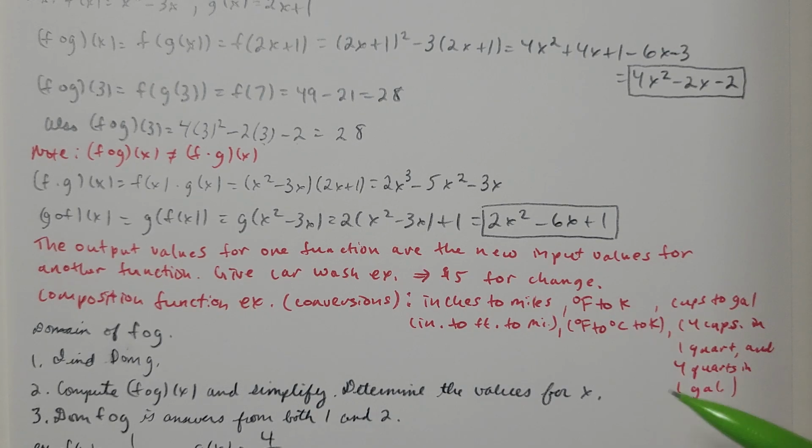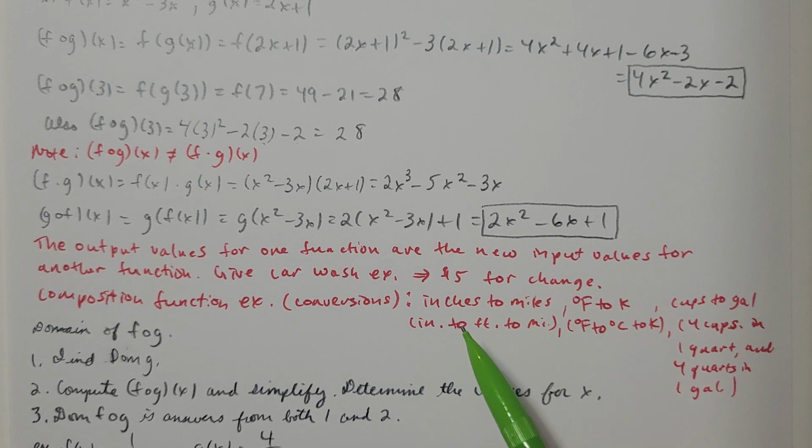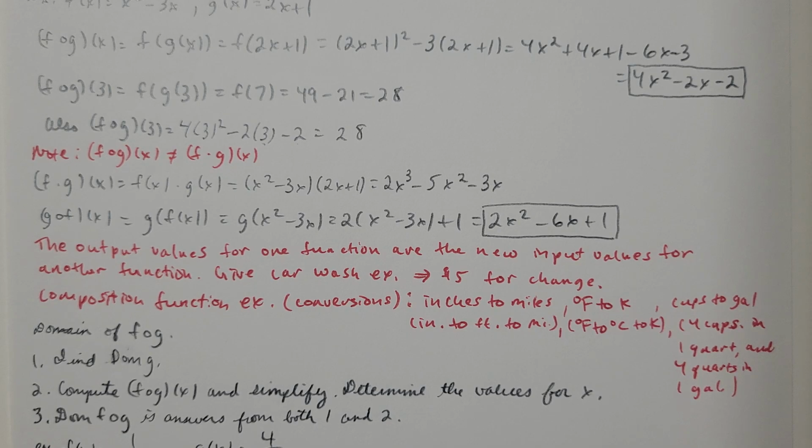Now there's lots of real life examples. Like I said, the example to give for function composition is conversion formulas. Suppose I wanted to know how many inches are in 1 mile. I don't know, but if I knew how many inches are in a foot and how many feet are in a mile, I could very easily find out. That's function composition. Or in science classes, you do a lot of things with temperatures.